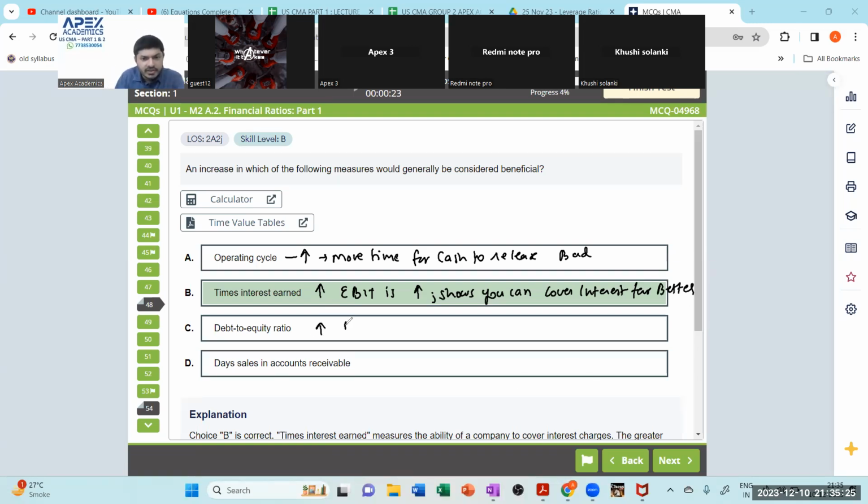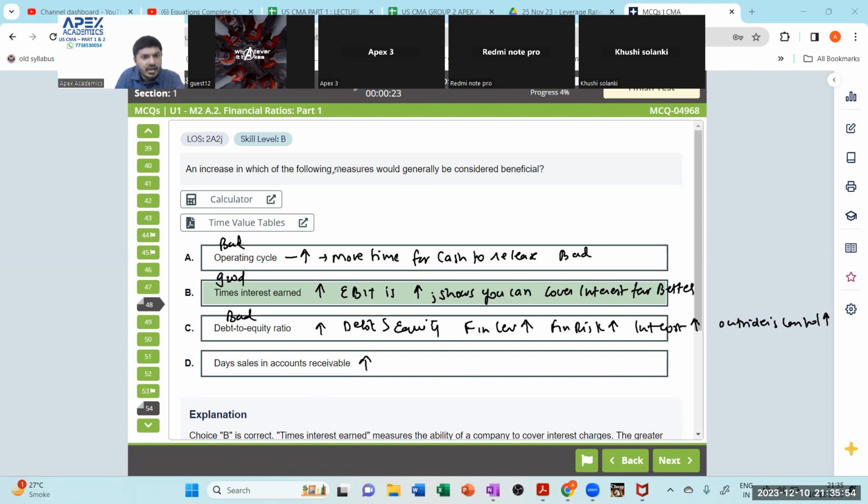Debt to equity, if this gets high, then debt is greater than equity. Financial leverage will be high. Financial risk will be high. Interest cost will be high. Outsiders' control will be high. This is very bad. This is also bad. This is good. This is bad.